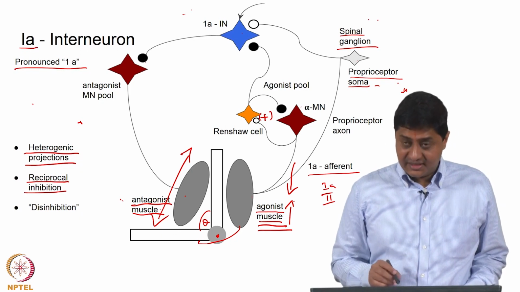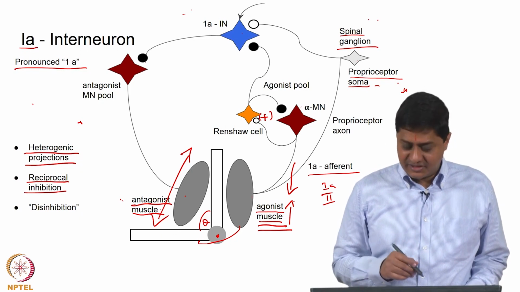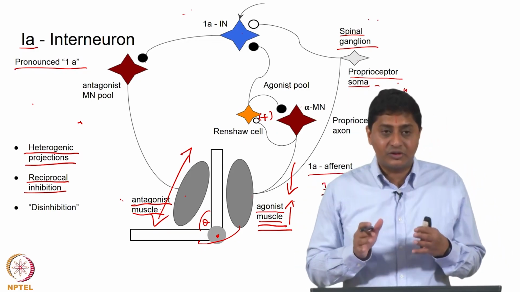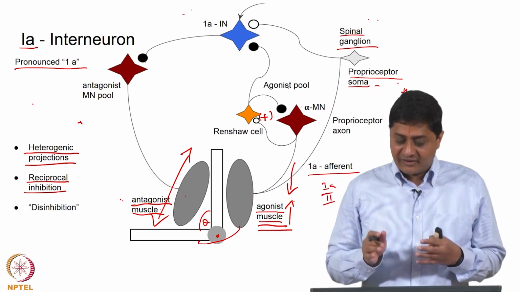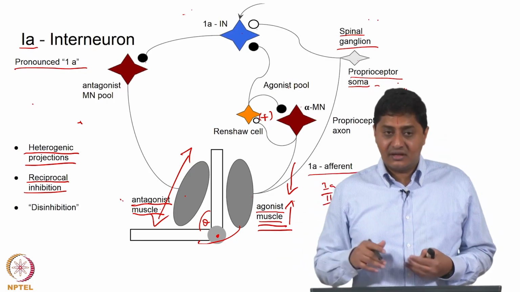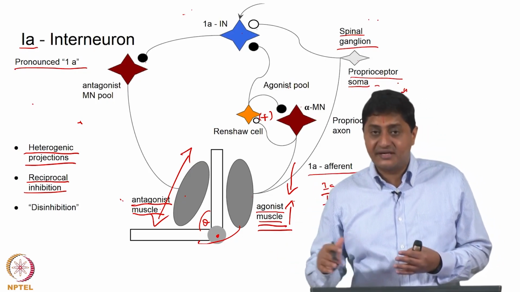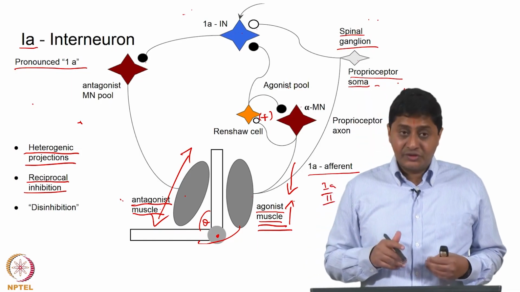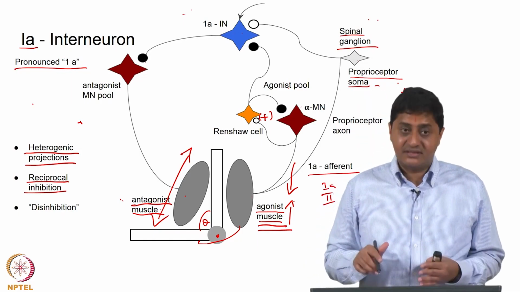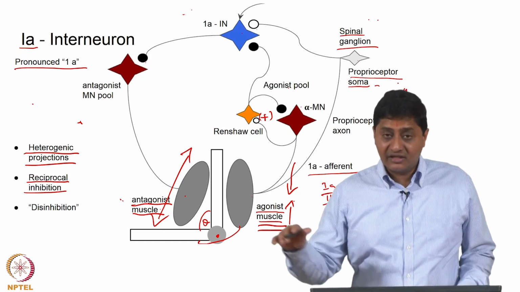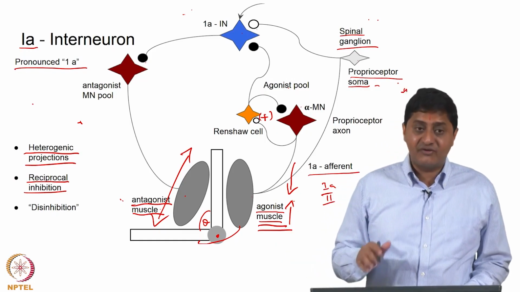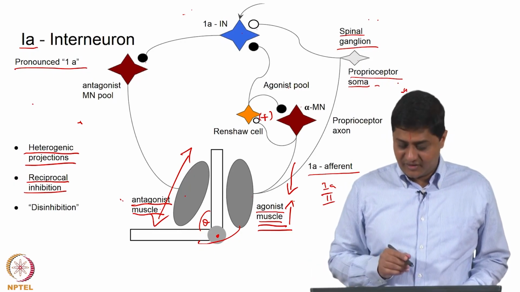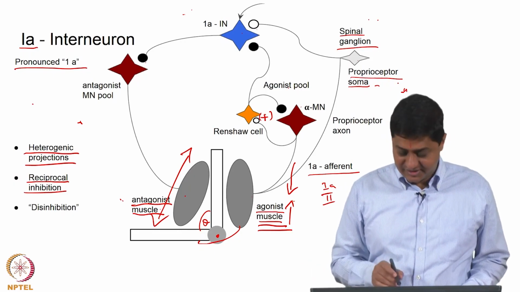One part of what we saw yesterday was that it inhibits the same alpha and gamma motor neuronal pool for that muscle and its agonist, all the muscles that perform approximately the same function. So it is not just going to inhibit one muscle, it may also inhibit other muscles, and not just the alpha motor neuron, it will also inhibit gamma motor neurons. This is one function of the Renshaw cell.